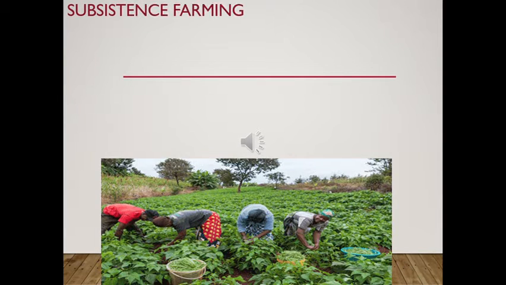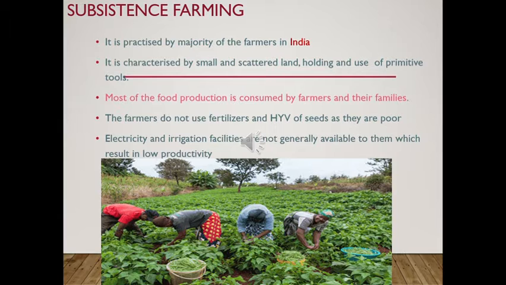Subsistence farming is a system of farming that provides all or almost all the goods required by the farmer's family, usually without any significant surplus for sale. The majority of farmers in India practice subsistence farming.